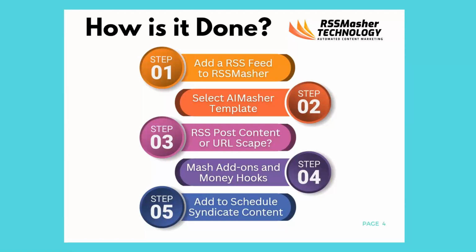I'll show you on the next slide the differences between the two. Then you want to mash. What we mean by mash is put in your add-ons, your money hooks, your anchor text replacement. There's a lot of different things you can do in RSSMasher. We feel this is the premium way to take a bunch of content, mash it all together, and then publish it. So we're going to show you how we're doing that.